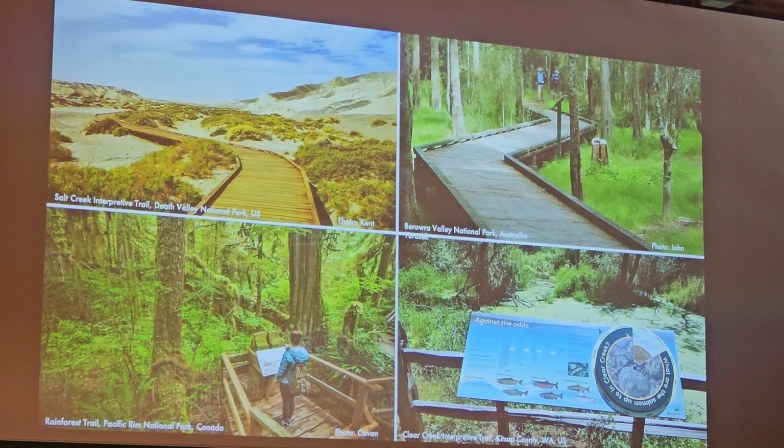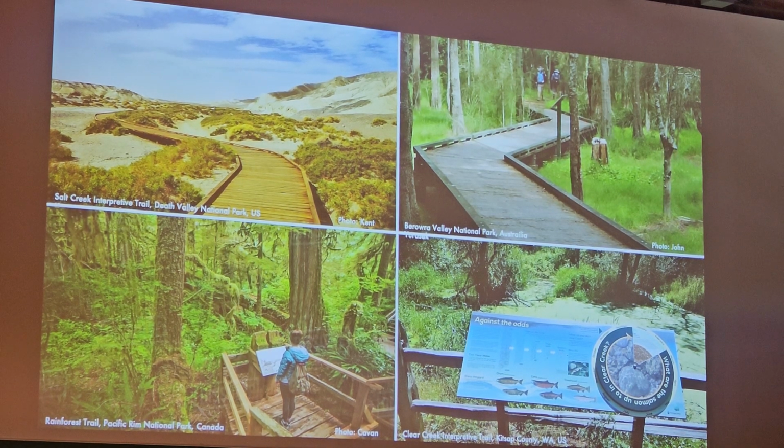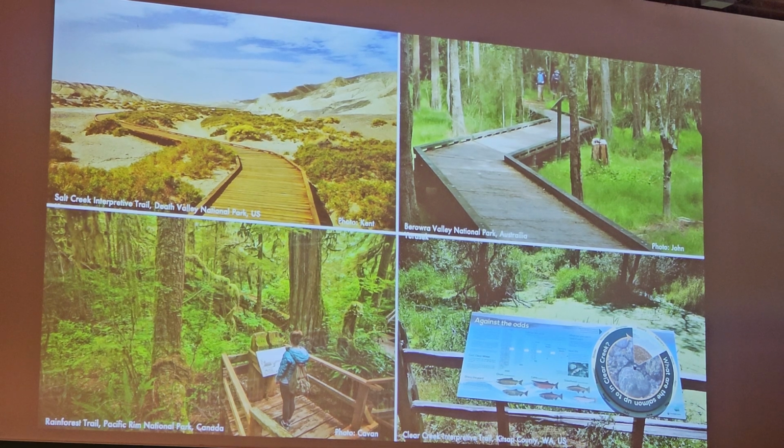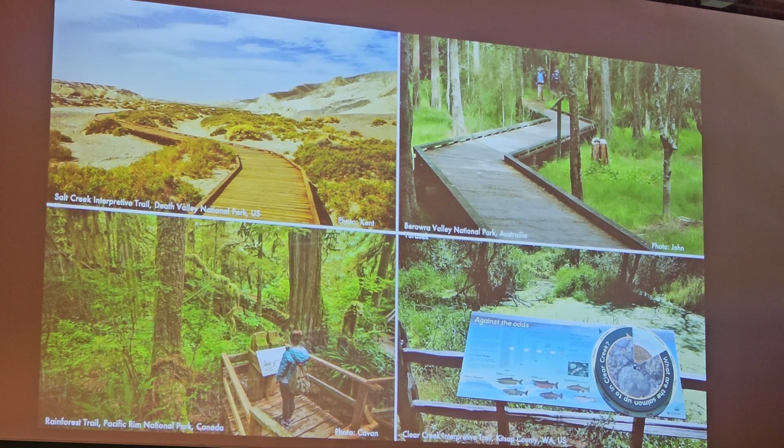Just a few examples I wanted to run quickly through from around the world, and then I want to show you some other things from the forest privilege book in today's. But these are also a project in Death Valley National Park, and it's where we understand that as a system.